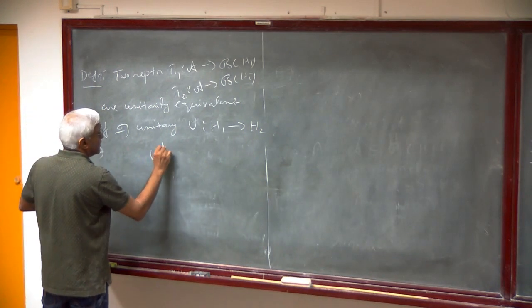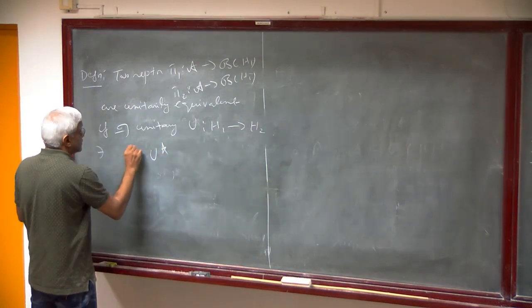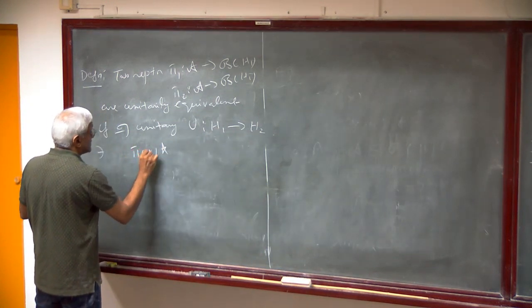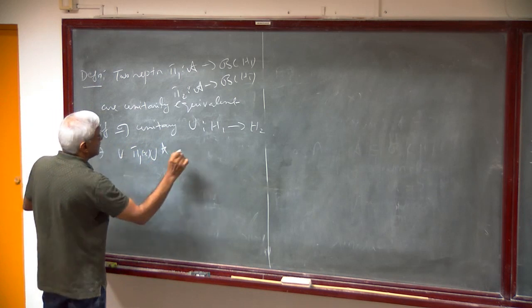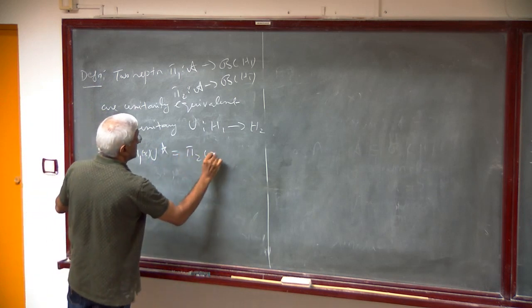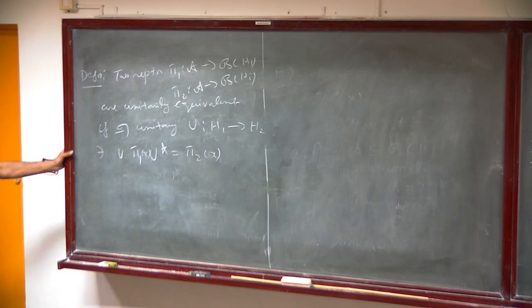So I bring U star, it will be here. So pi 1 of X, then apply U, that will go there, which is equal to pi 2 of X. Okay. This is what is called unitarily equivalent.